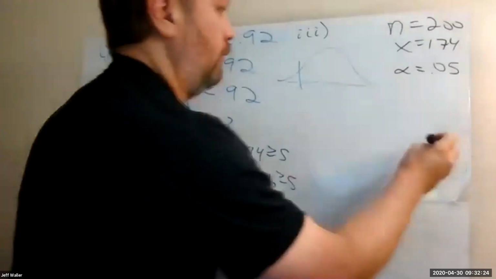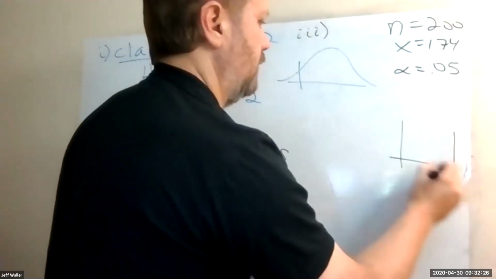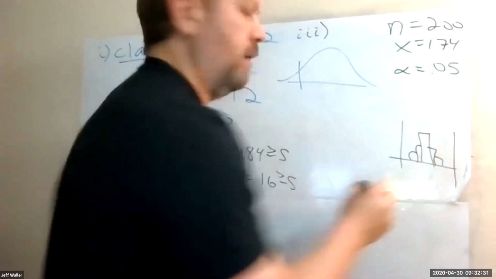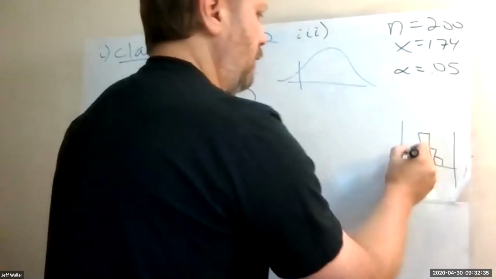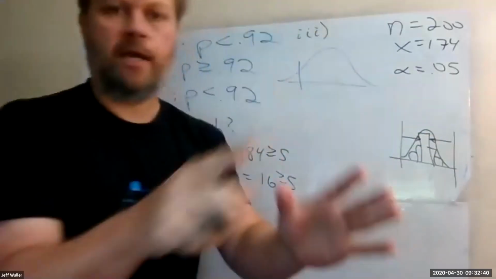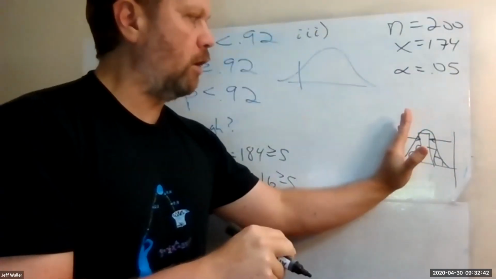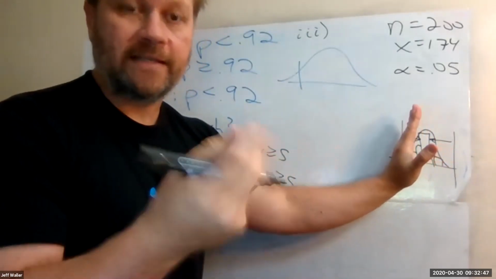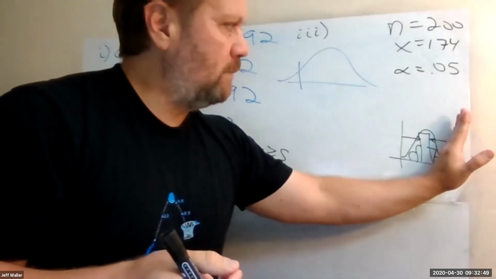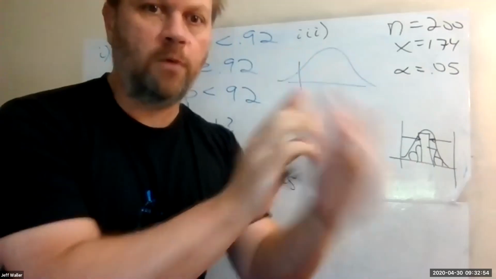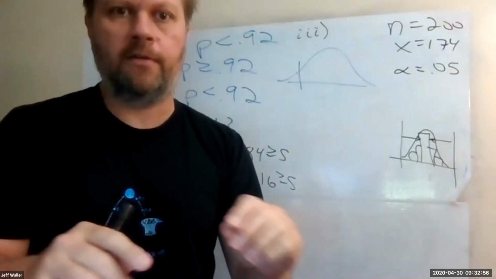We did that problem a while back, remember the flipping a coin problem, and I gave you the handout that had a little Mayan pyramid on the middle of it. And it was normal because there was room for it to go up and down. So the NP makes it go far enough from that wall, because that's the mean. That's actually the mean successes, and NQ is the mean failures, and they have to be far away enough from each wall so there's room to go up and room to come down.